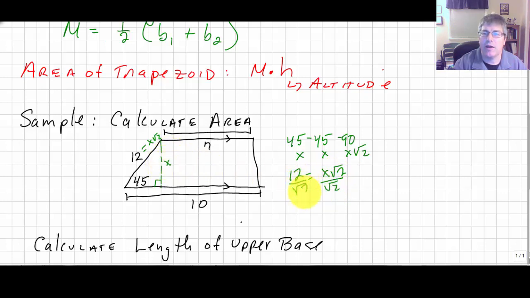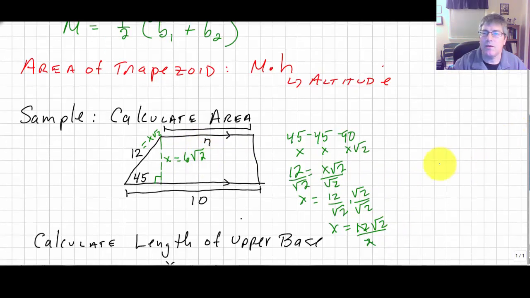So we divide both sides by radical 2. We get x equals 12 over the square root of 2. Then we have to rationalize and simplify, and we get 6 radical 2. So x, our height, is 6 square root of 2. Now we use our formula.